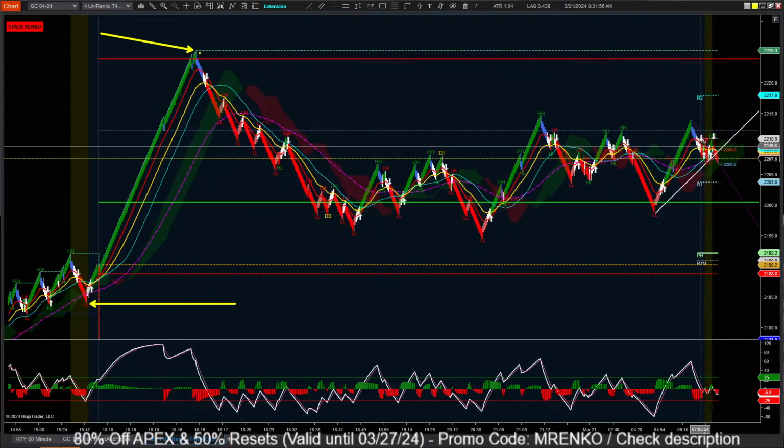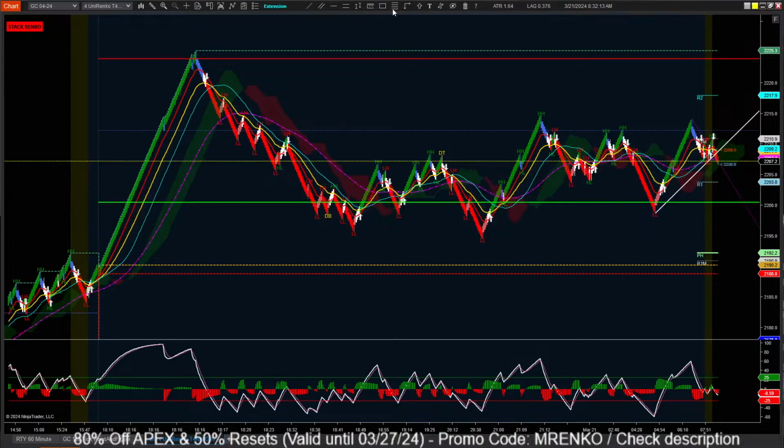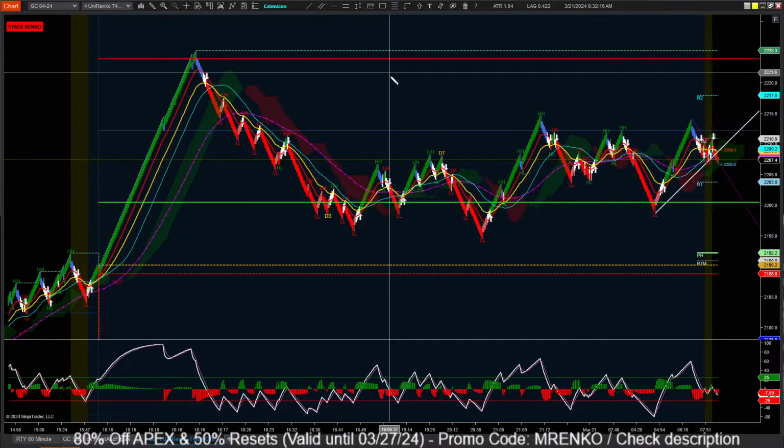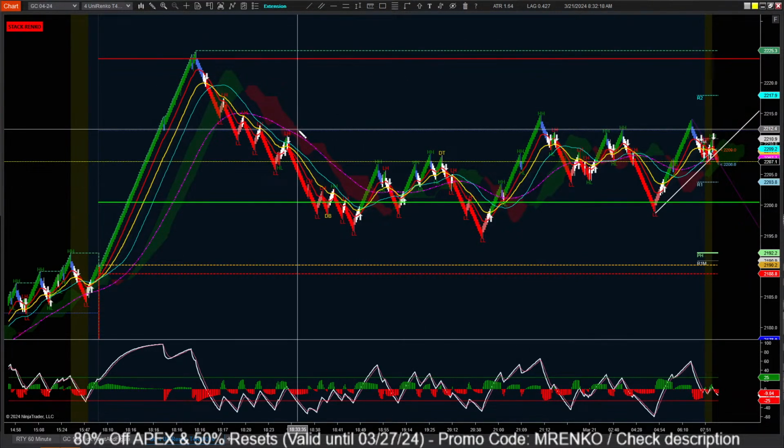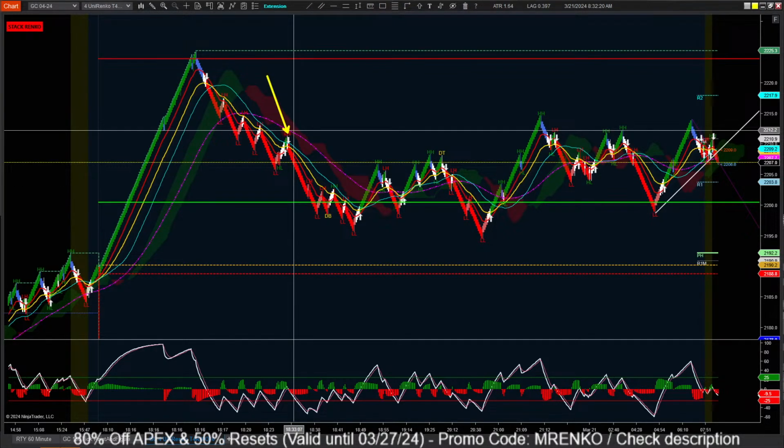Okay, so within this area, we expect the price to move and bounce back and forth, how it's doing it now. So I'm going to take this and try to identify the range this has been moving in the overnight since 6 p.m. So we have that, we have this, this could be an overshoot and an overshoot.